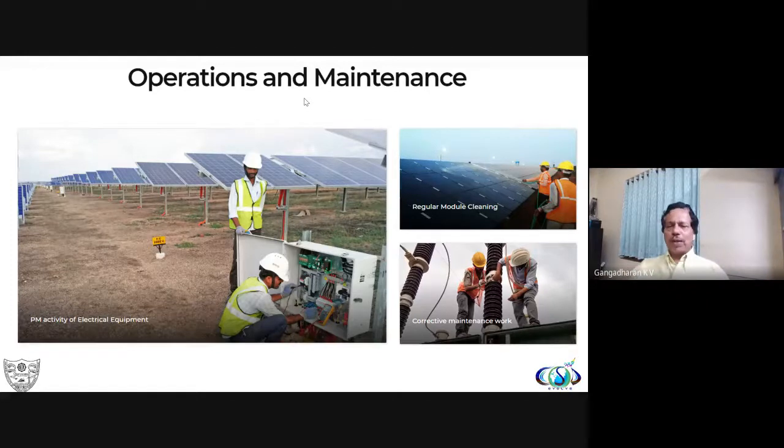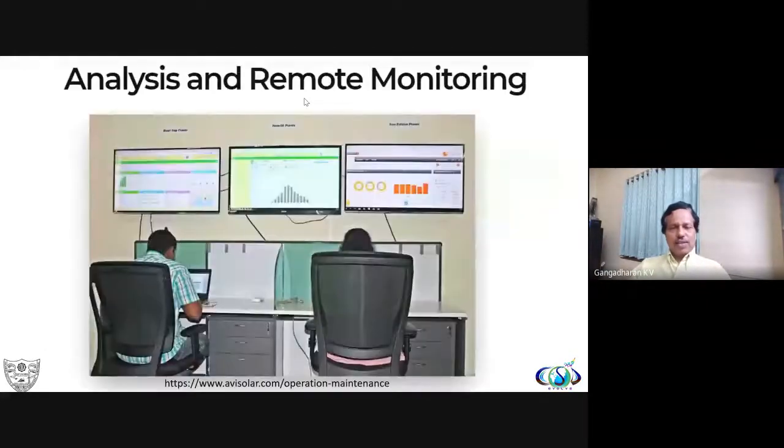This is the operation and maintenance part of a PV farm. And if your cells are already equipped with smart monitoring systems, we can do remote monitoring. Usually the company which installs the system will have all the data pushed to the cloud and they will do an analysis.